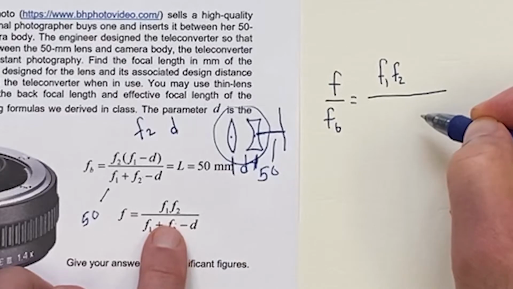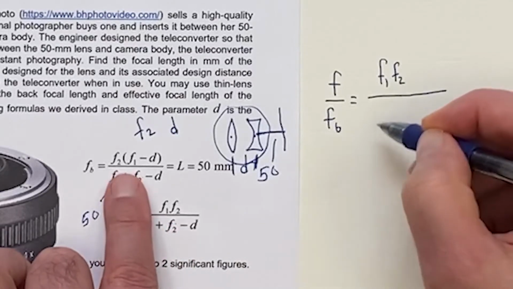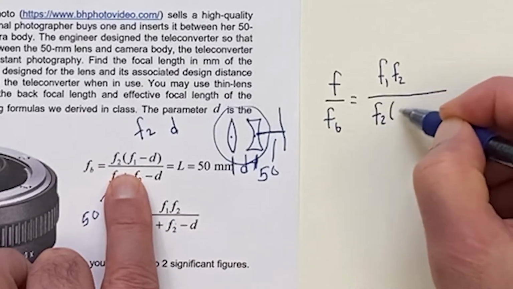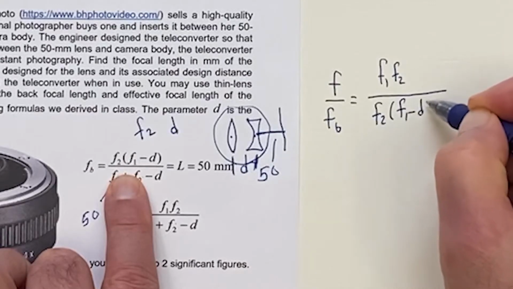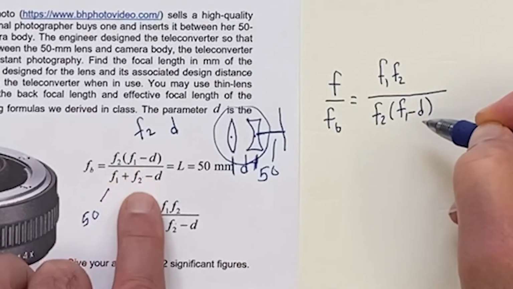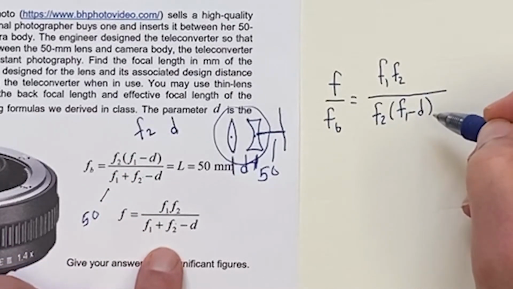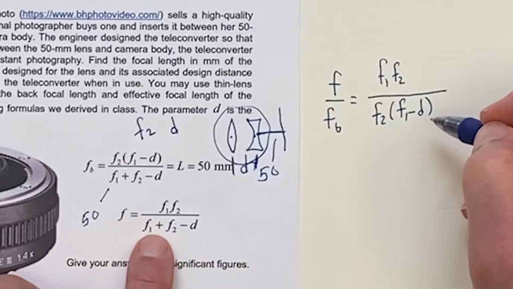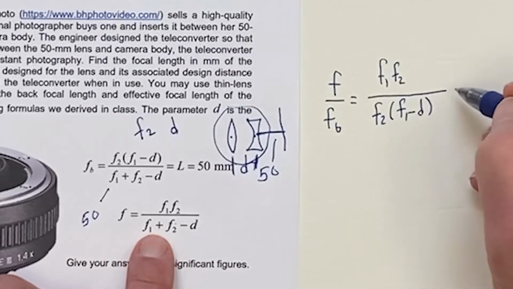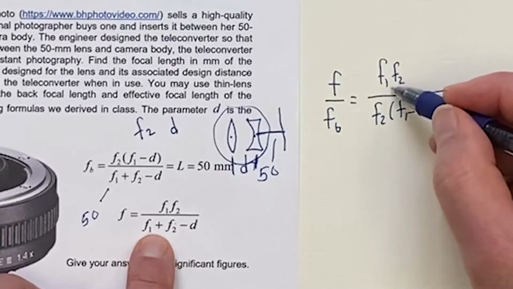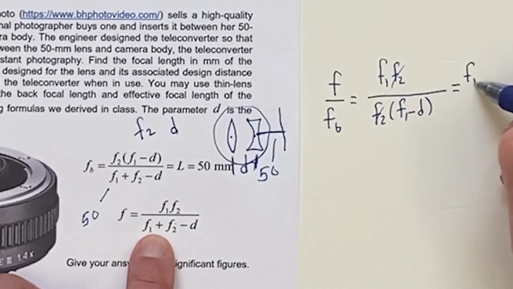And when I divide by the FB, this numerator now goes in the denominator like that. And then we get the cancellation of this mess here. That's very nice because that cancels, and that gets you a nice equation like this.